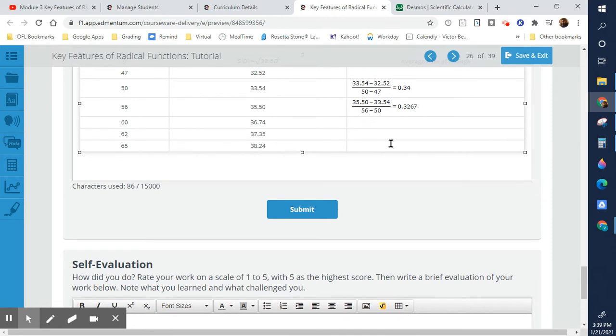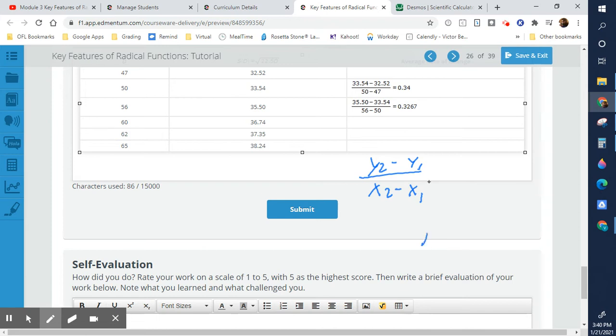We're just changing this. It's always going to be the new, so that you can see that right there, this new y minus the old y, divided by the new x minus the old x. So that's just a fancy way of doing this formula, y2 minus y1 over x2 minus x1.